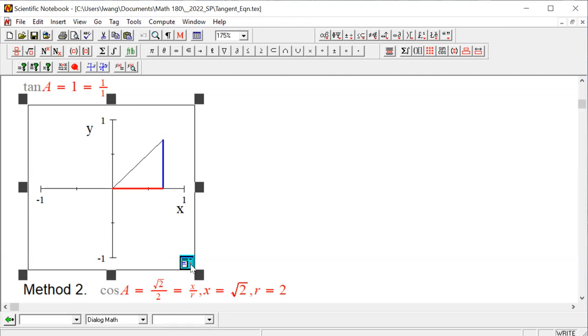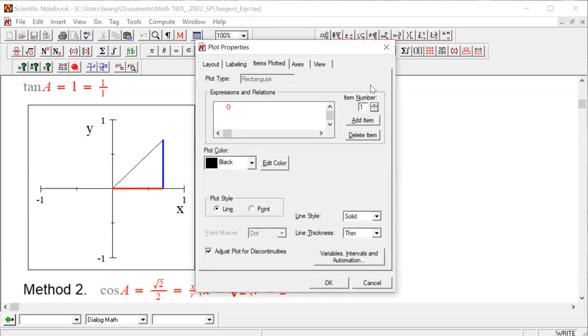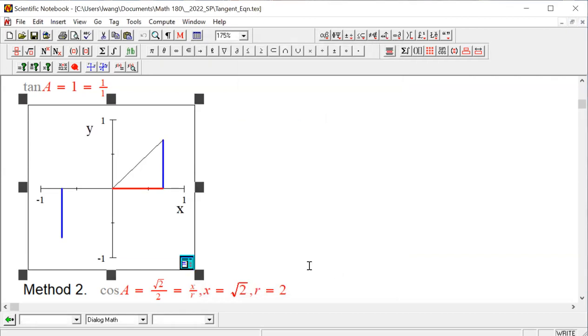And there's another terminal. And the other terminal, we're going to draw them. So here the blue. And there's the red.